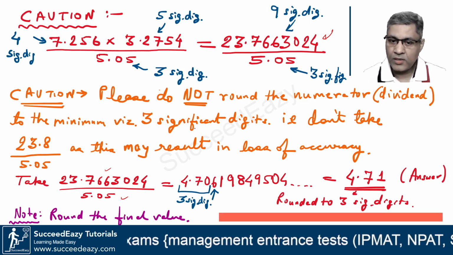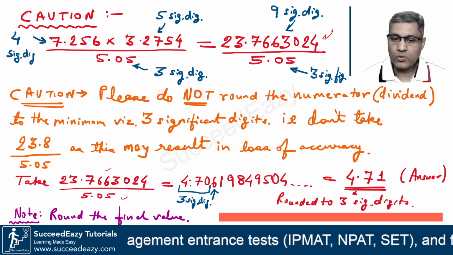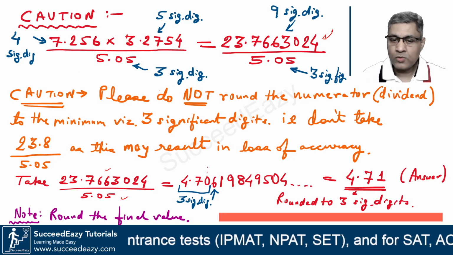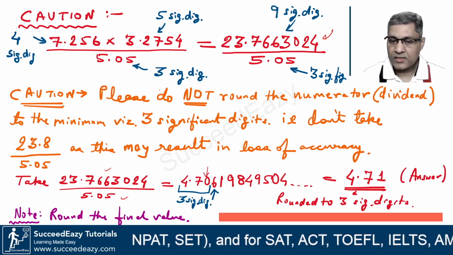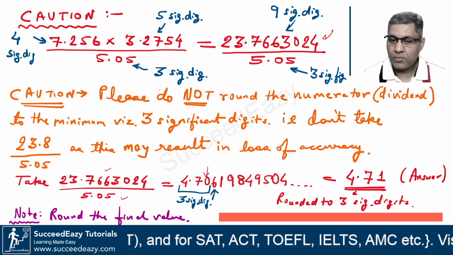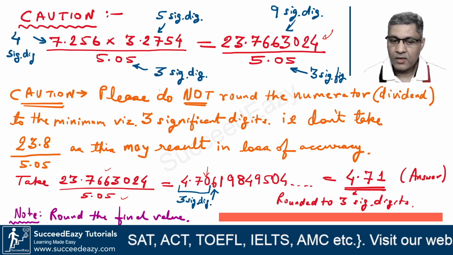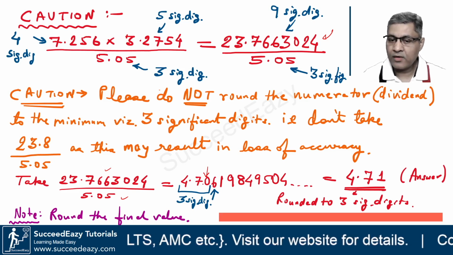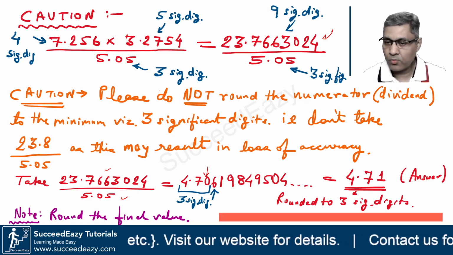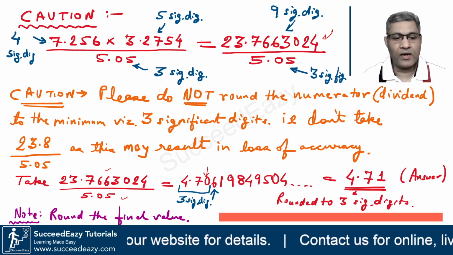The minimum being 3, you take 3 significant digits. So you round it at the third significant digit. The following number is 6, which is marked with a blue arrow, and 6 is greater than 5. So you round it up to get 4.71. You add 1 to 0 to get 4.71 as your final answer.